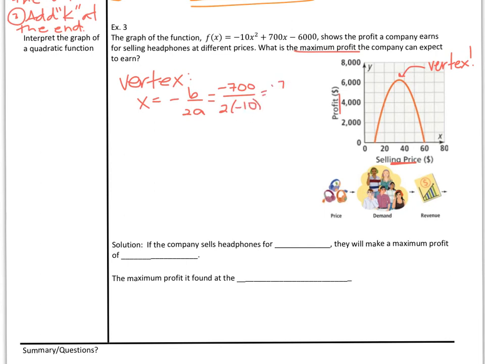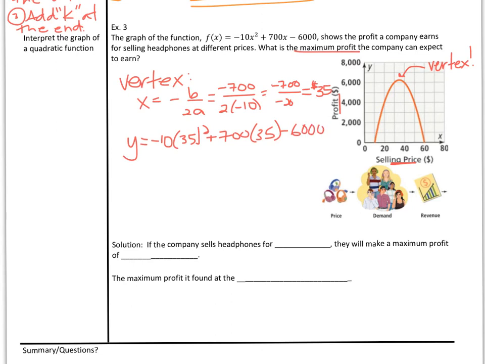Negative 700 over negative 20 means we'd have a value of $35. That's how much we would sell the headphones for. To figure out the profit, we have to plug that back in. Negative 10 times 35 squared plus 700 times 35 minus 6,000.